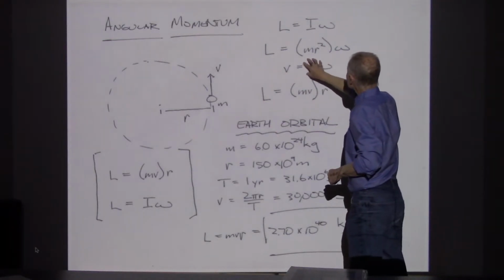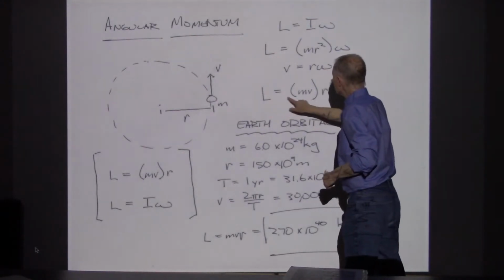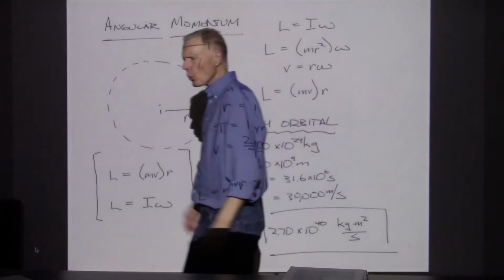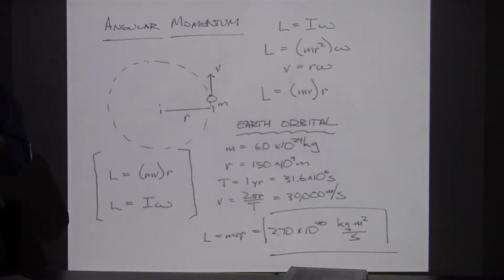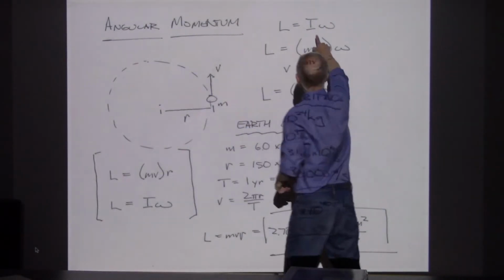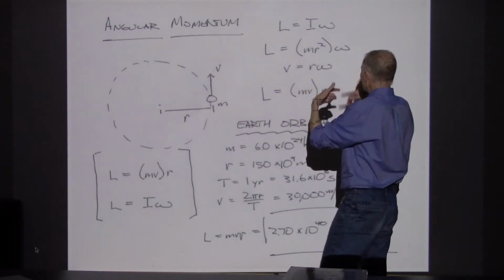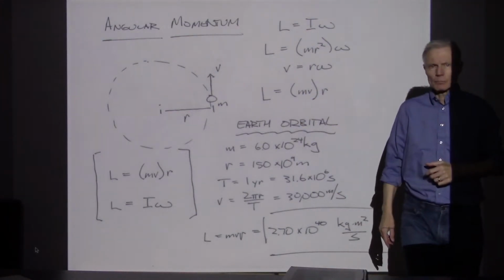If we make that substitution for omega, it turns out angular momentum can be written as mv times r. So that's two formulas that allow us to calculate angular momentum. I can either work in terms of the rotational inertia and multiply by the angular speed, or I can work in terms of momentum.